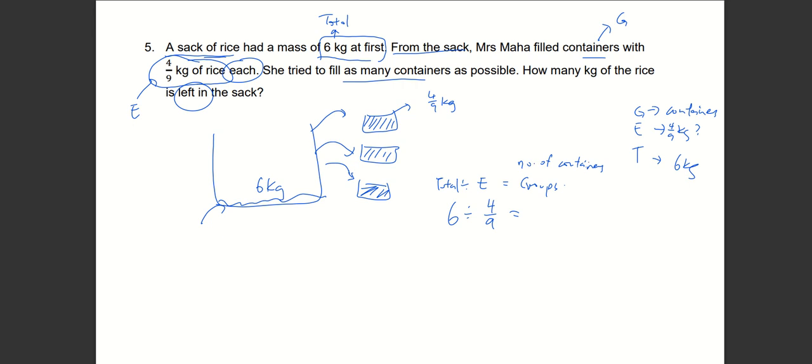So this blank here, this answer here should be the number of containers, which is full at 4/9 kilograms of rice each. So using the KCF, keep, change, flip: keep 6, change divide to times, flip 4/9 to become 9/4, and simplify.